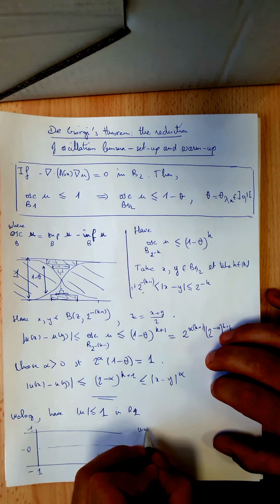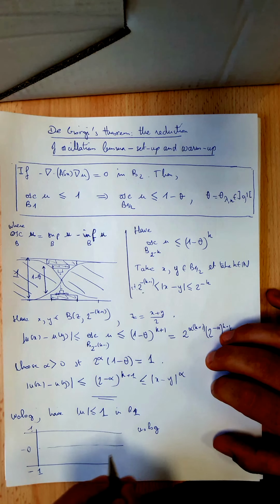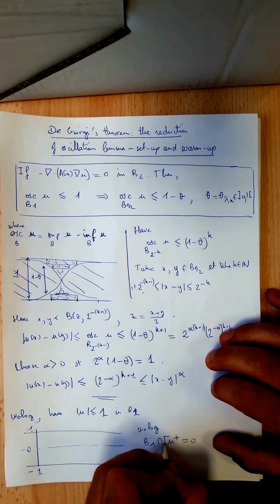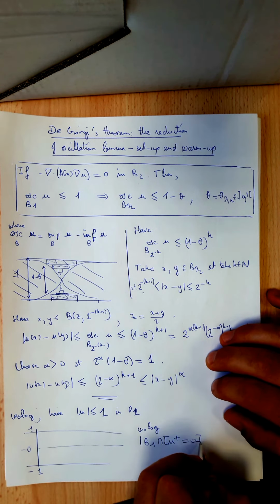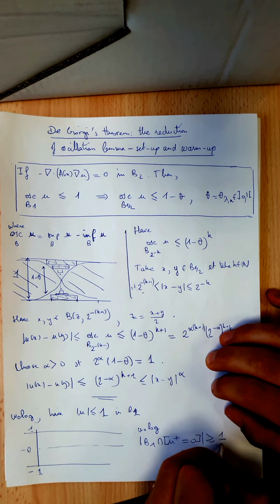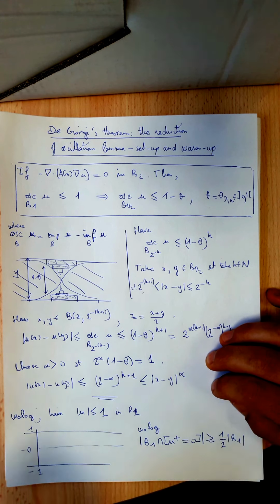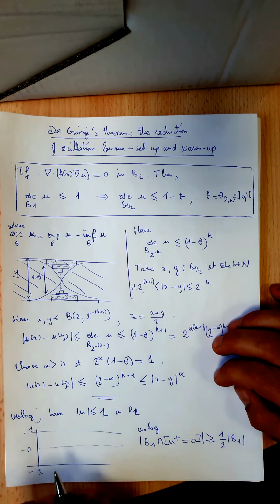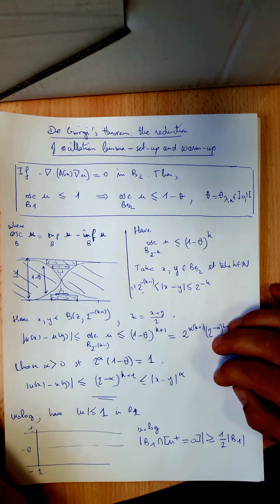So again, without loss of generality, we can say that u is going to be negative at least half of the time. If this is not the case, then we will look at the negative part of u, and we'll end up with the same conclusion. Okay, so this is an assumption that we keep from now on.